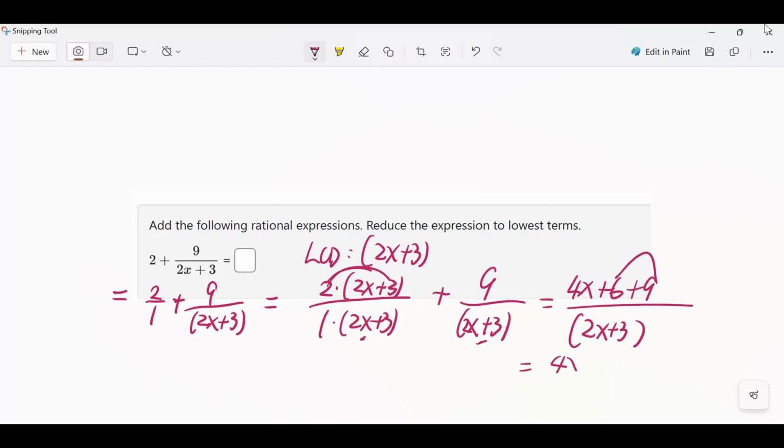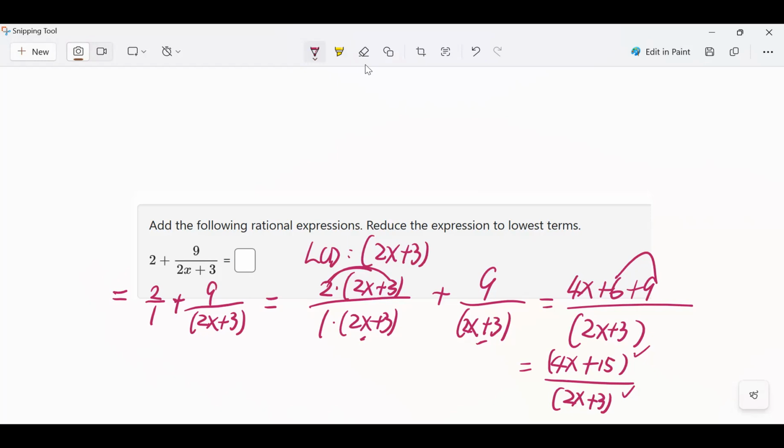Okay, now combine the numbers. So you get 4x adding 15. That's the first term, and that's it on top. On the bottom, it's just going to be 2x plus 3. And then there's no way to factor the top, right? You leave as is. So the answer is just 4x plus 15 over 2x plus 3.